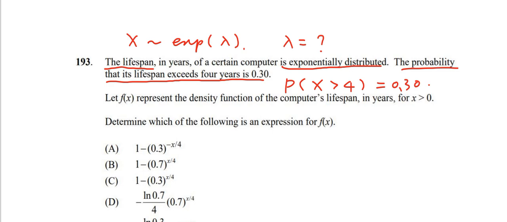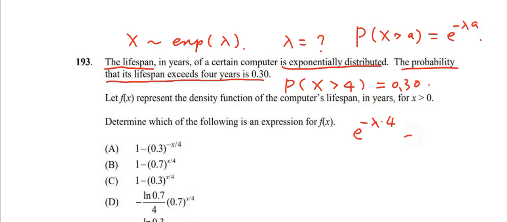For an exponential distribution, the probability that X is larger than a equals e to the negative lambda a. Here that is e to the negative lambda times 4, which equals 0.3. This is a useful formula: X larger than a equals e to the negative lambda a.